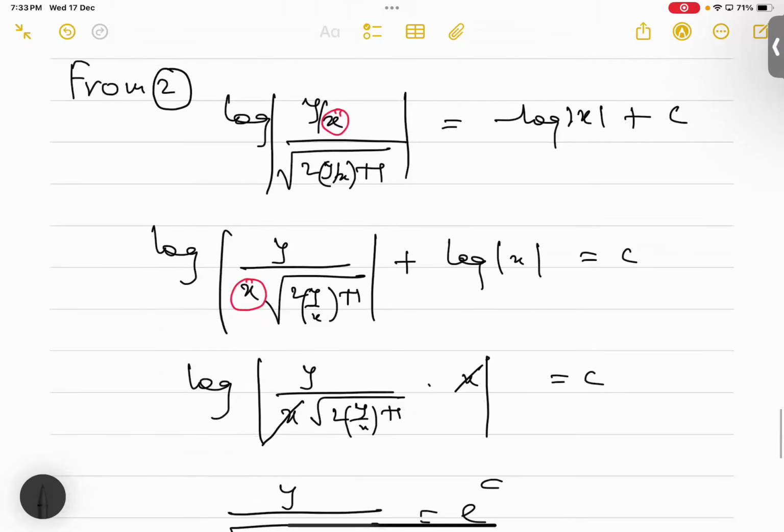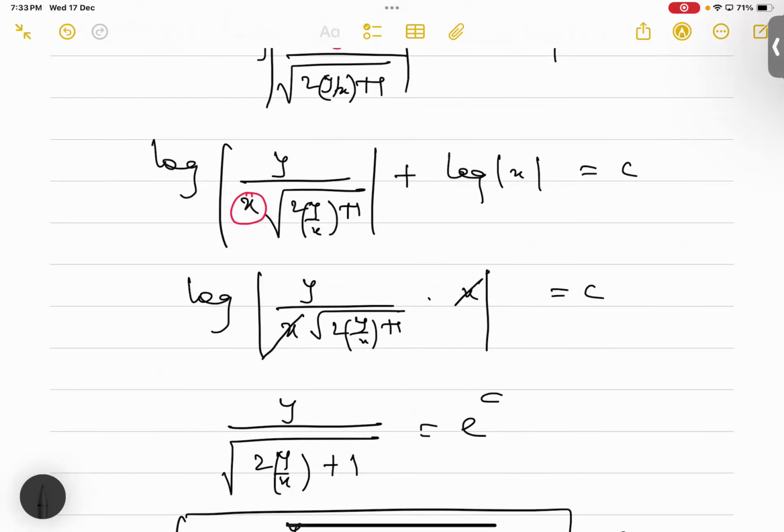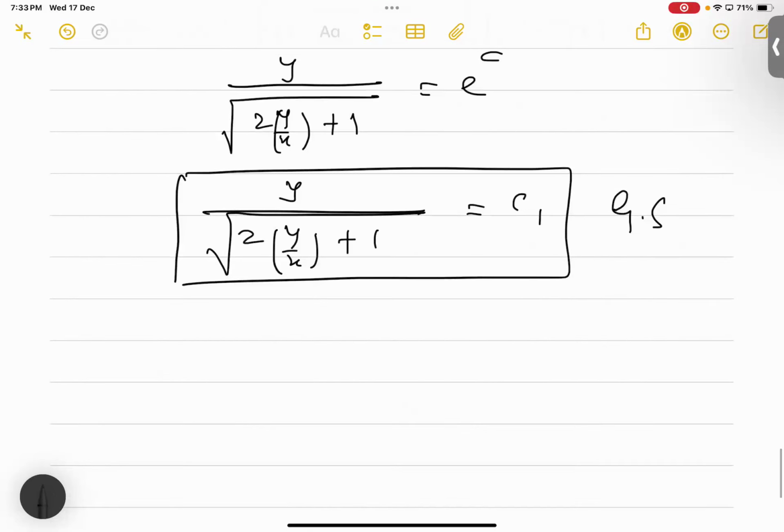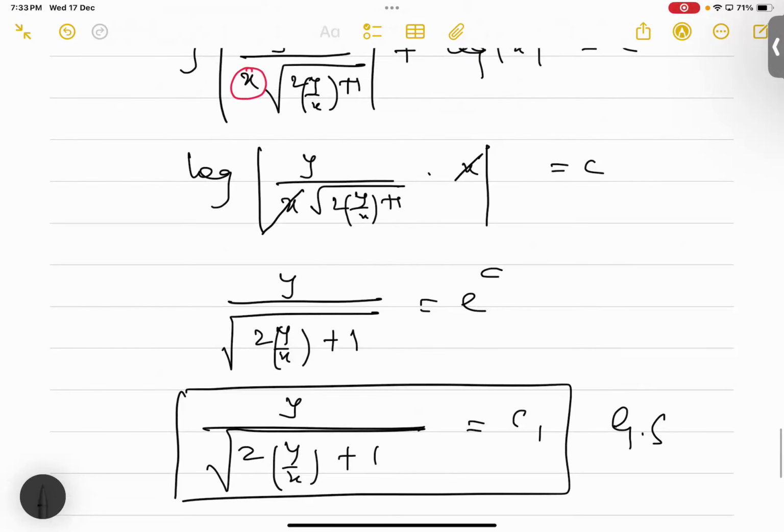There will be options galore in the paper, but at maximum don't try to keep anything in options. Now this might not match the textbook answer, but that's fine. They might have squared and all to eliminate the root, but that's not necessary. This much is fine.